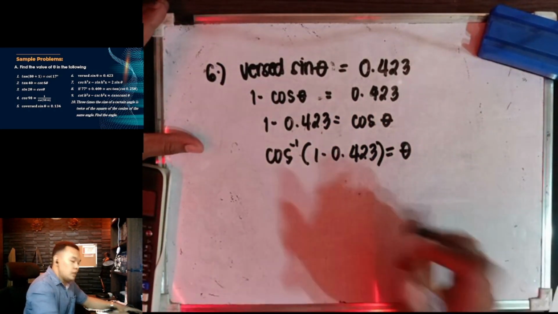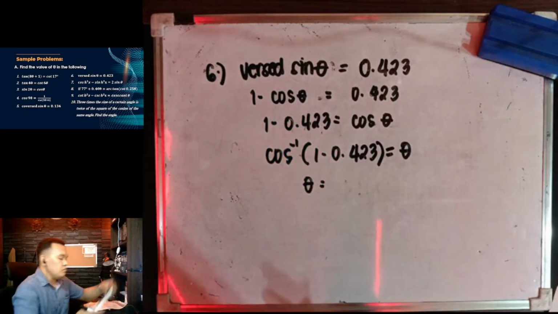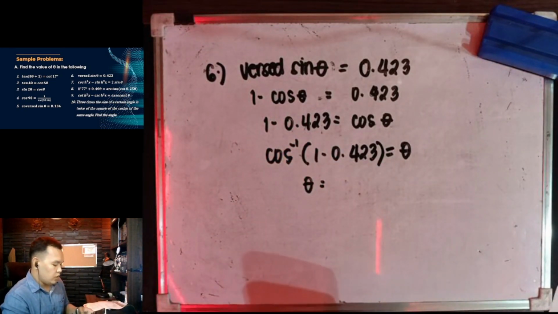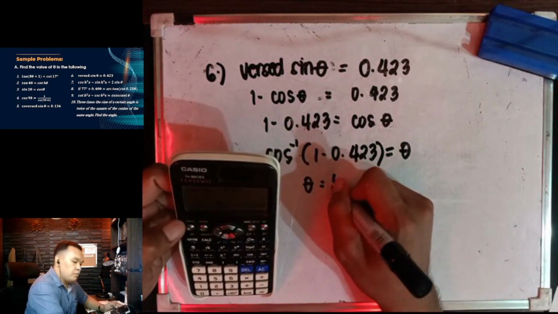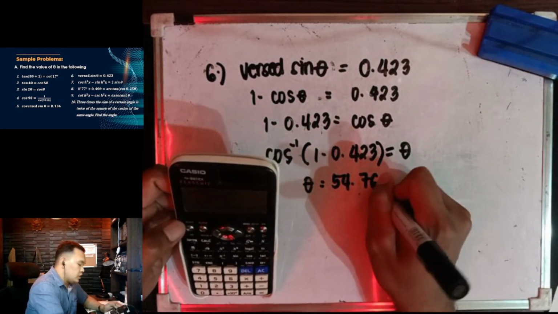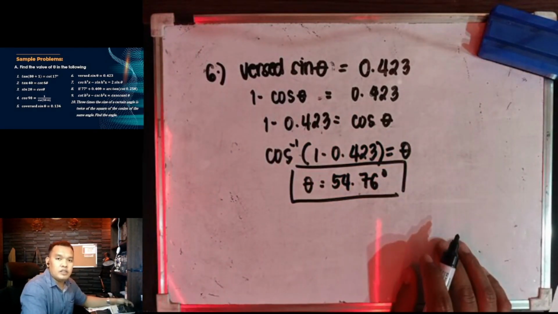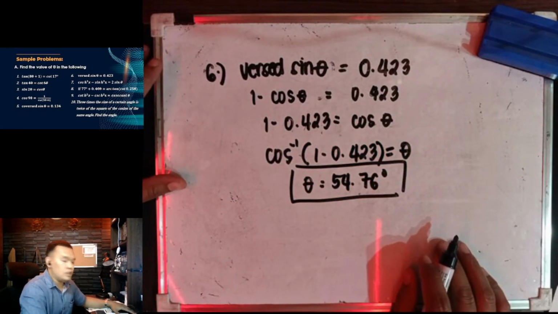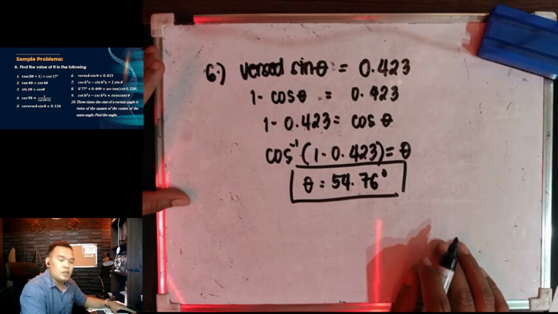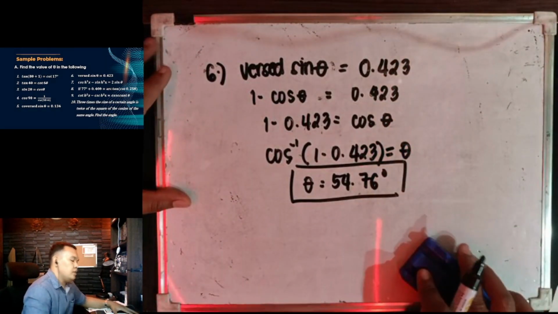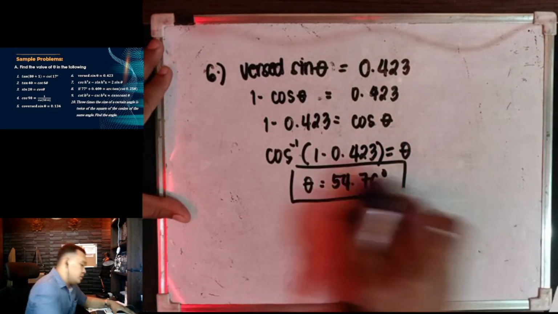Therefore, the value of theta is equivalent kay arc cosine of 1 minus 0.423 equals 54.76 degrees. Okay? So, that's the value of theta when versed sine theta is equivalent kay 0.423. The value of theta is 54.76. Okay?